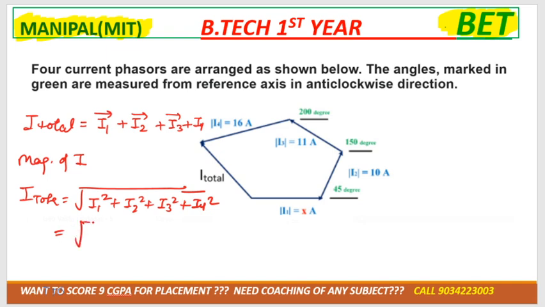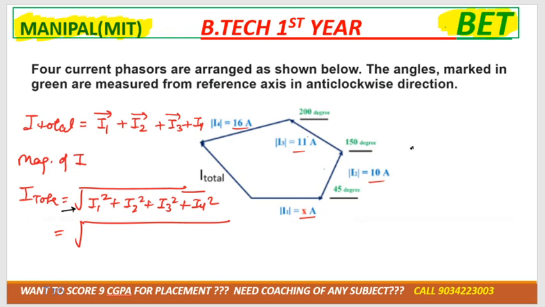Right? So you have different values of I1, I2, I3. You can substitute the values 16, 11, 10, and they have given the value of x separately, so you can substitute and then you will get the magnitude, right?